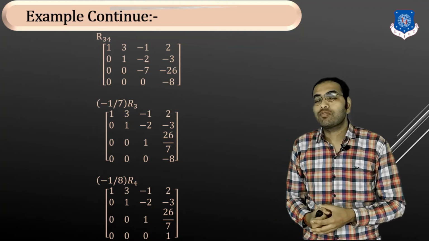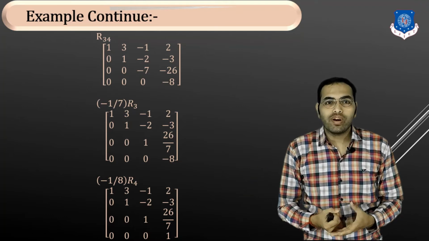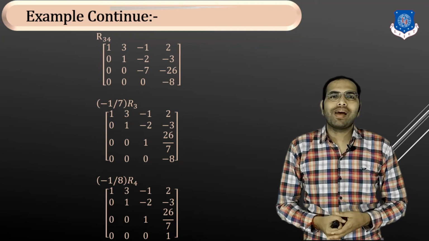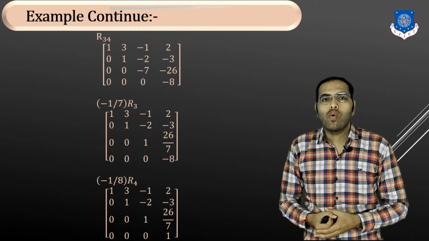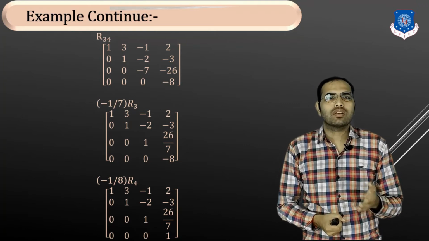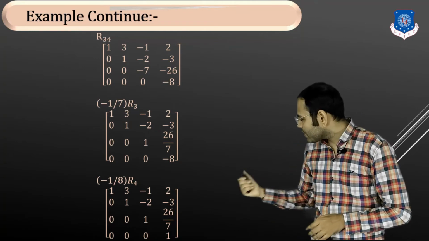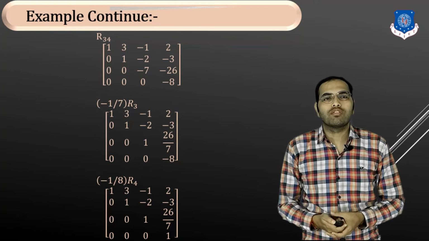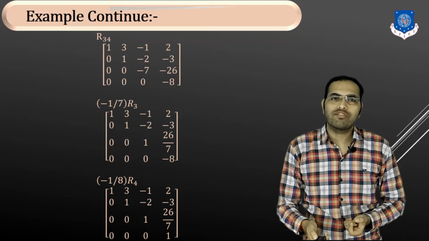To make the leading one in the fourth row, divide it by minus 8. That will give 1 3 minus 1 2, 0 1 minus 2 minus 3, 0 0 1 26 by 7, 0 0 0 1. This is the row echelon form, exactly what we had to find.